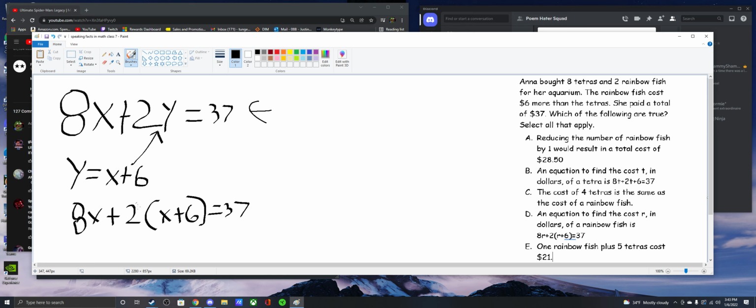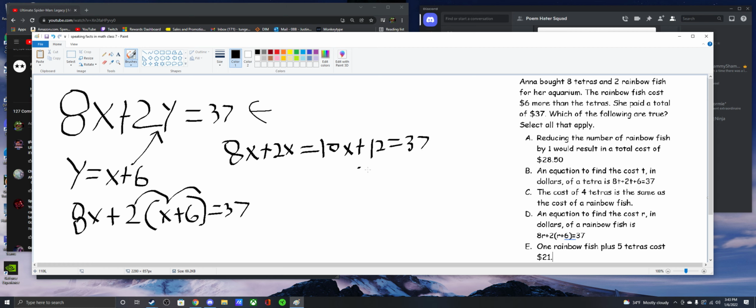So now we can distribute the 2 to these two, and that gets us 8x plus 2x. So let me do that first. And since they have like terms, we can just say this is 10x, and then 2 times 6 is 12. So plus 12 equals 37.